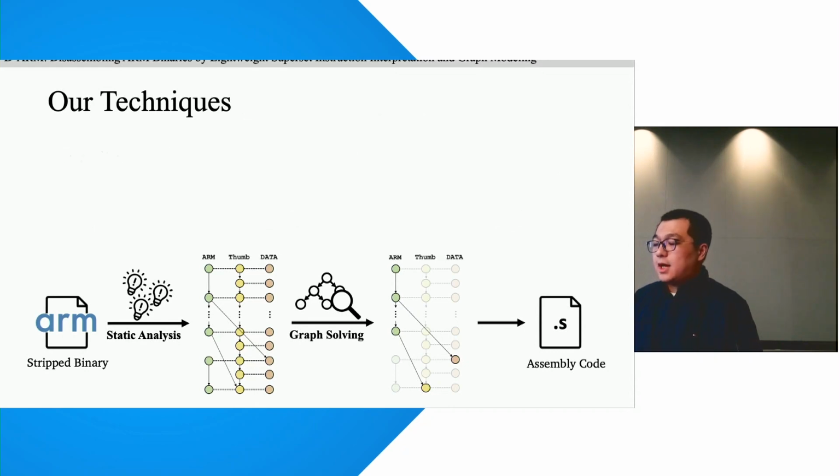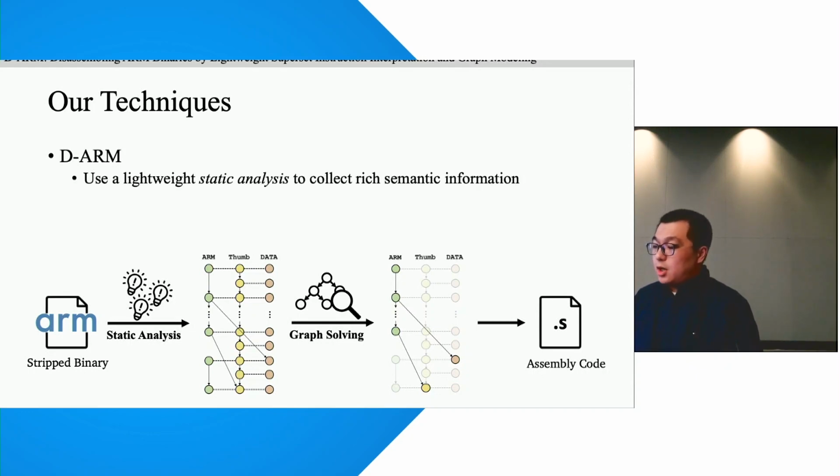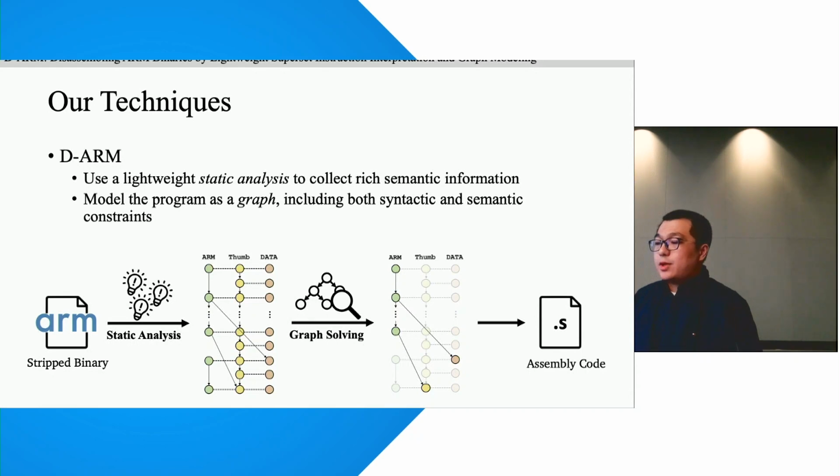Thus, we propose DARM, a novel technique for ARM binary disassembly. The workflow of DARM is shown in the figure. Given a stripped binary, we first use a lightweight static analysis to collect the semantic information and model the binary as a graph. In the graph, we use nodes to denote that the address can be an ARM instruction, a Thumb instruction, or data.